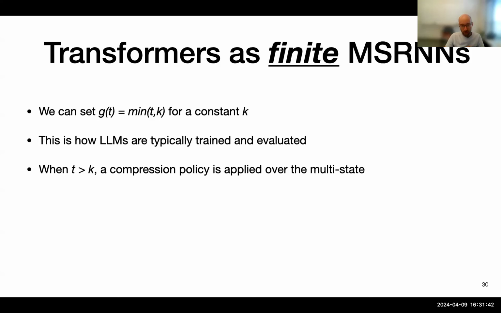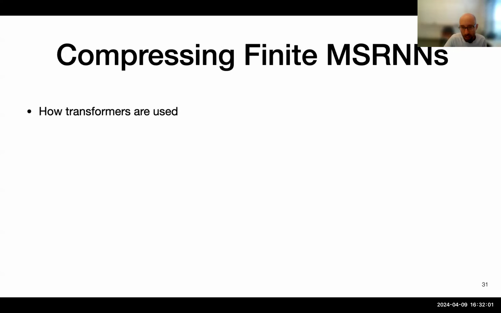But what I will show you now is that we don't need to consider the maximum value. We can also compress the RNN in this way, decreasing the amount of cache that is used by the model with some compression policy. So let me give you a few examples of such compression policies.